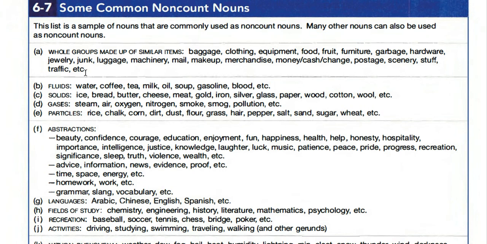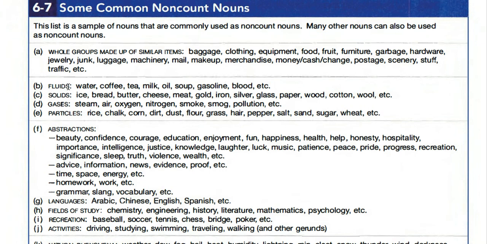The non-countable nouns can also be extended to a lot of items, like in B, C, D, where we are trying to separate the materials. Anything under fluids: water, coffee, tea, milk, oil, soup, gasoline, blood, etc. Anything that you cannot count with your eyes belongs to something liquid.